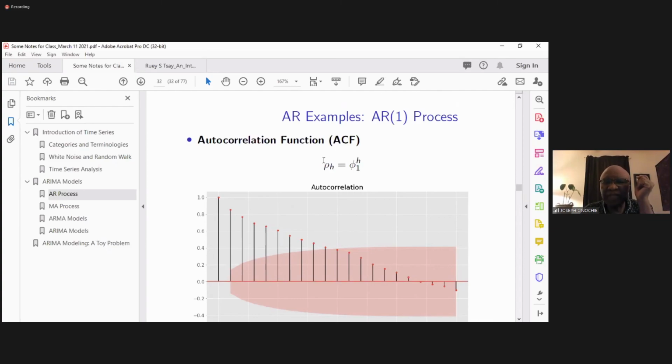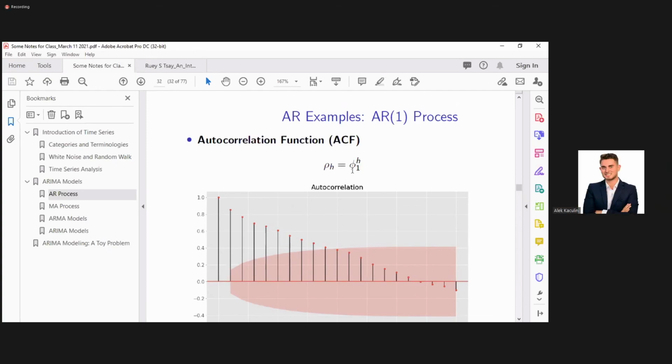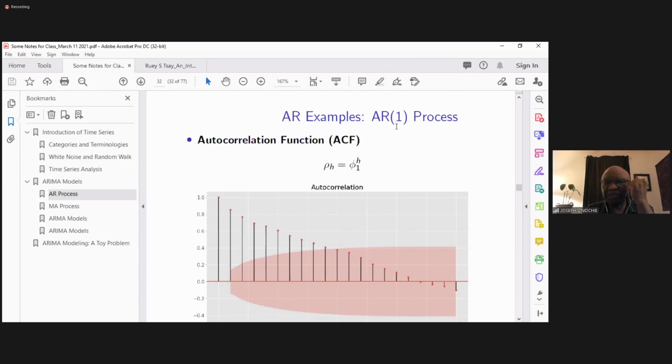So I'll show you next week. Look, what is this thing, phi 1? Phi 1 is the coefficient. Are you with me? Everybody with me? Okay, so for an autoregressive process, an AR1 process, the autocorrelation at each lag is given by the coefficient raised to the power of that lag.